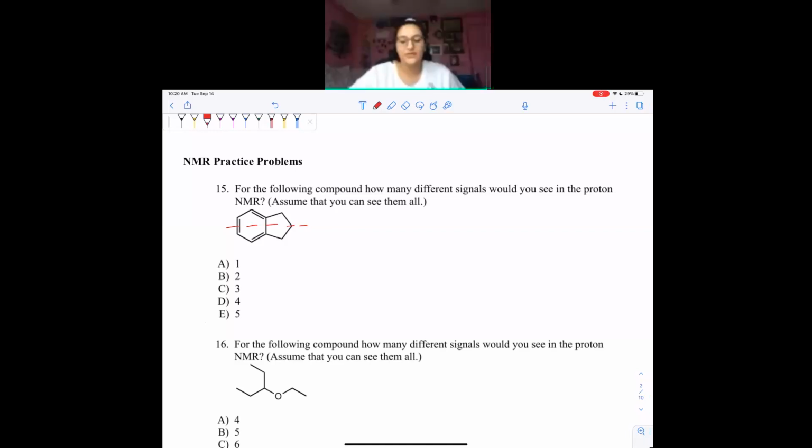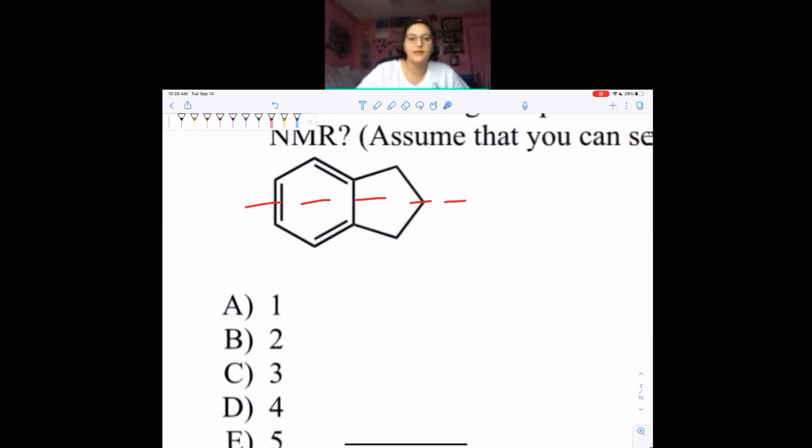So, yes, the first thing we look at is symmetry. So, we know that everything up here is going to be exactly equal to everything down here. So, we have one signal in this corner. 2. Are there any hydrogens here? No, because there are 4 bonds. Cool. And then one signal here and one signal here.